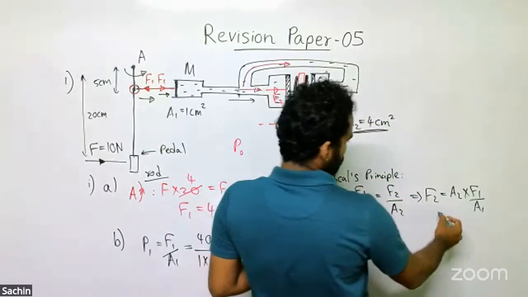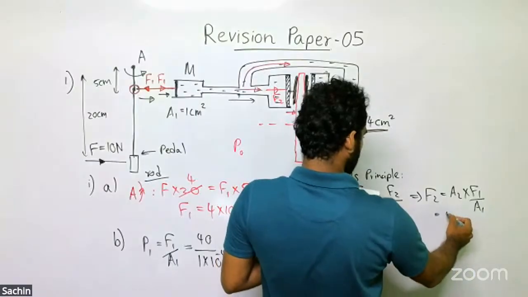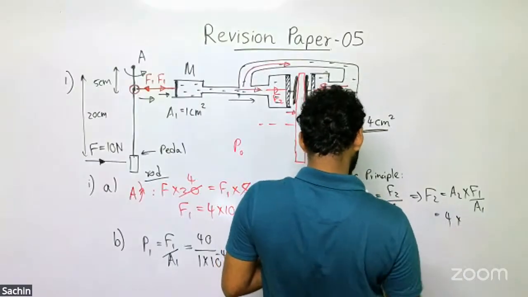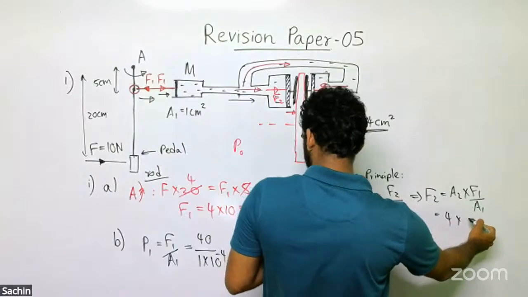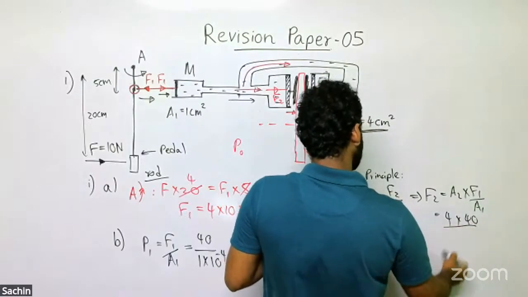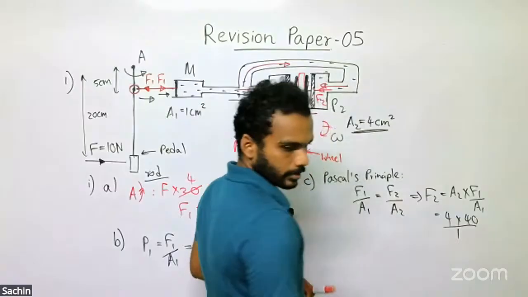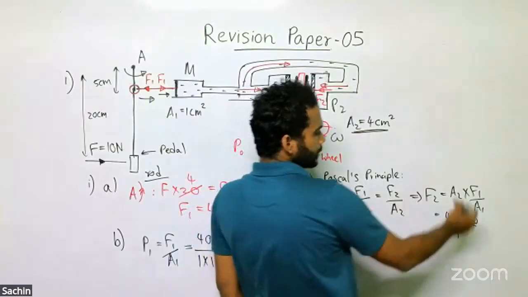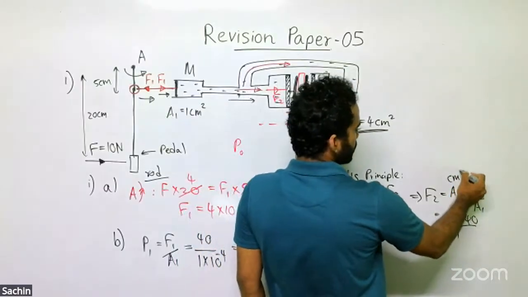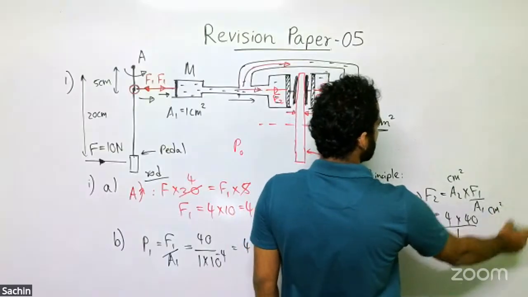When you do this, A2 they have given as 4, F1 we calculated as 40, and A1 is 1. Just note that I substituted the cross-section areas in centimeter square.